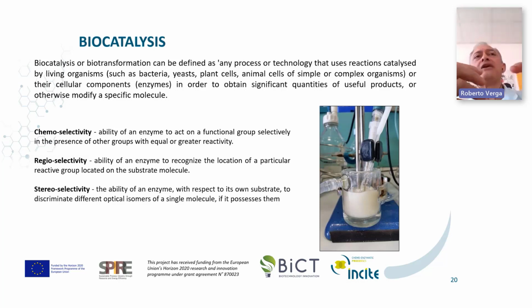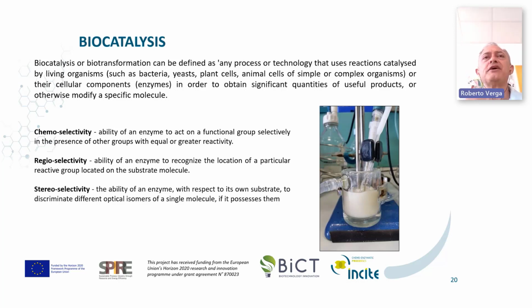In fact, we can recognize three levels of selectivity in enzymes. The chemoselectivity, when the enzyme is able to recognize in the molecule, the substrate, a particular group, also if you have another group with a similar reactive level.